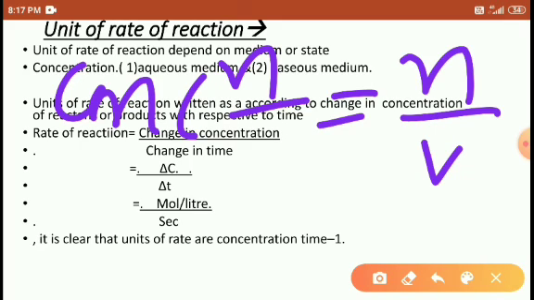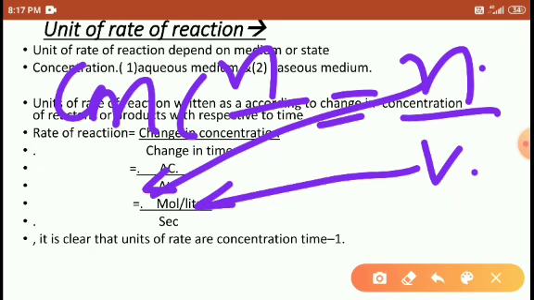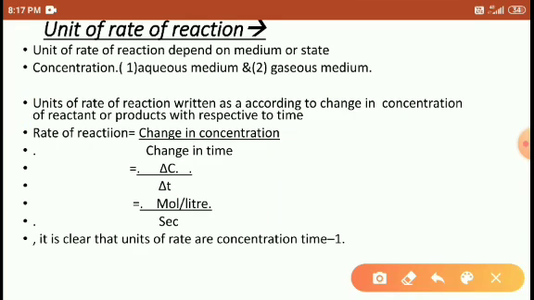So that's why for the concentration we are using here moles, N for moles, and volume we are using here liter. So moles per liter, right? And the time is taken in seconds.